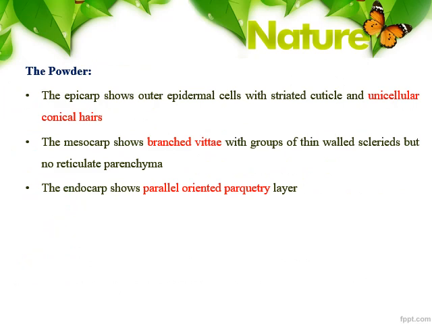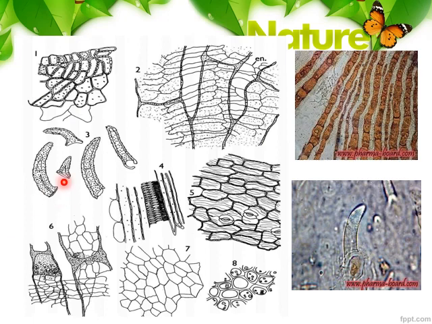Powder of anise is characterized by outer epidermal cells of the epicarp covered with striated cuticle and unicellular hair. This is the epicarp with striated cuticle, anomocytic stomata, and unicellular non-glandular hair. The mesocarp with numerous vittae, or the presence of branched vittae.